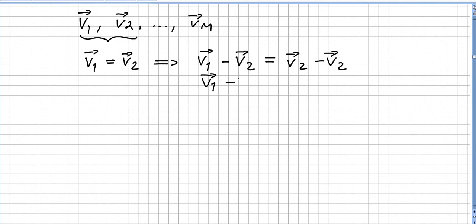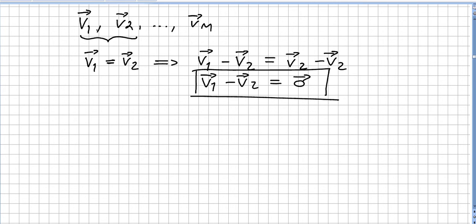So v1 minus v2 will be the zero vector. So in this set of vectors we will have v1 minus v2 plus v3 plus v4 plus etc. plus vm.